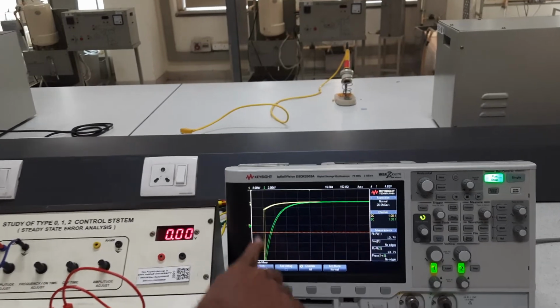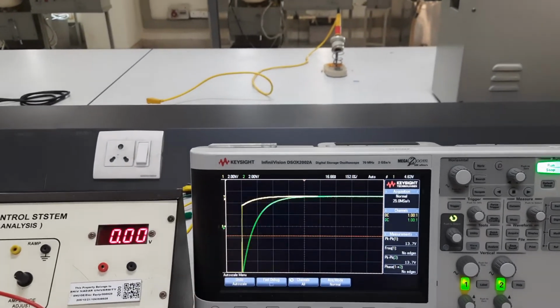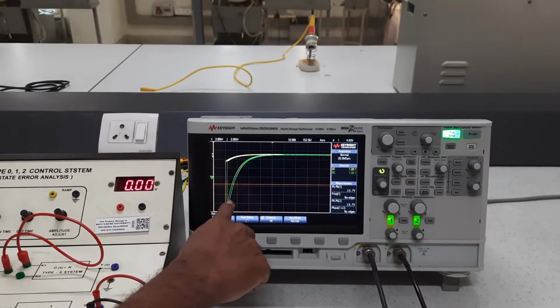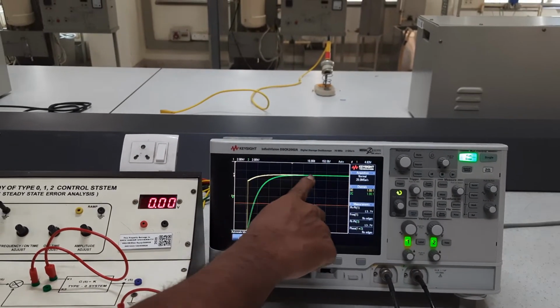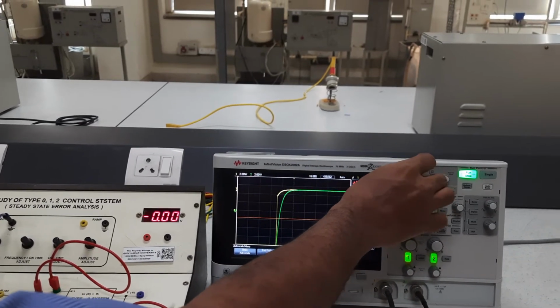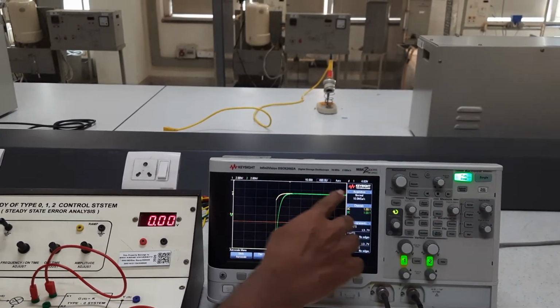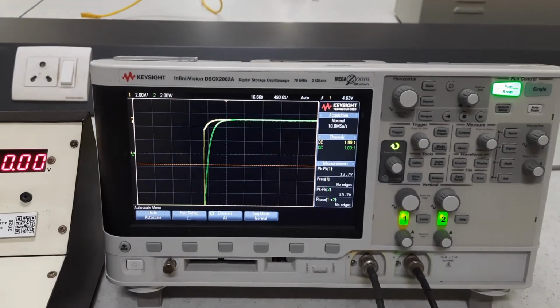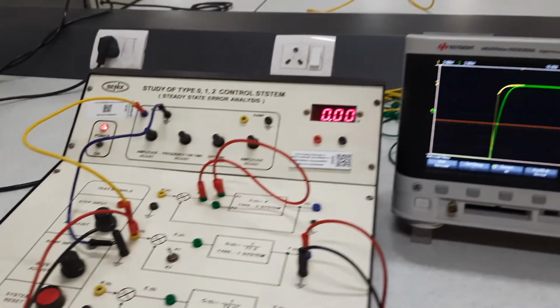So your square wave starts here as the input. You see here that there is a transient period taking place, and after some period of time they settle down to a constant steady state value. So this is how the response for a type 1 system is.